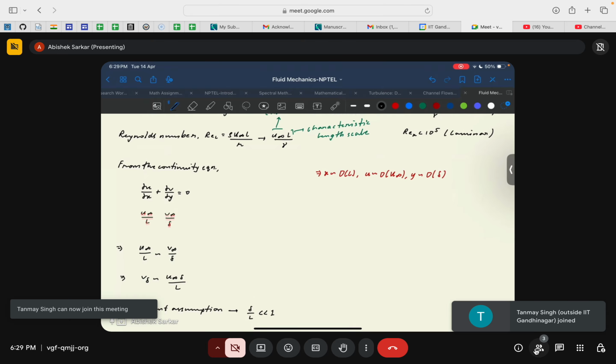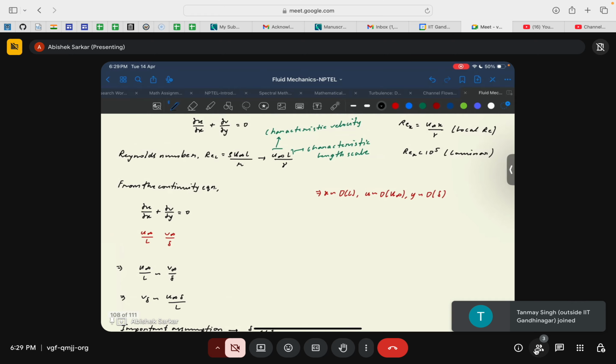If you remember, while discussing the flow between two infinitely large plates or the flow in a circular pipe, I told you that those were exact solutions because we are solving the exact Navier-Stokes equation, of course after simplifying it to some ODEs by considering some important assumptions. But those are exact solutions. There were no approximations used while deriving the solution.